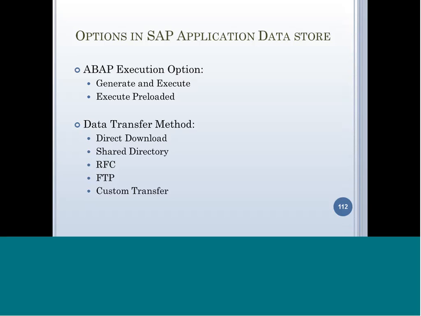There are several methods: direct download, shared directory, RFC, FTP, and custom transfer. These are the five different types of data transfer method. Most companies will go for shared directory, FTP and RFC. Direct download or custom transfer, they don't normally go for.